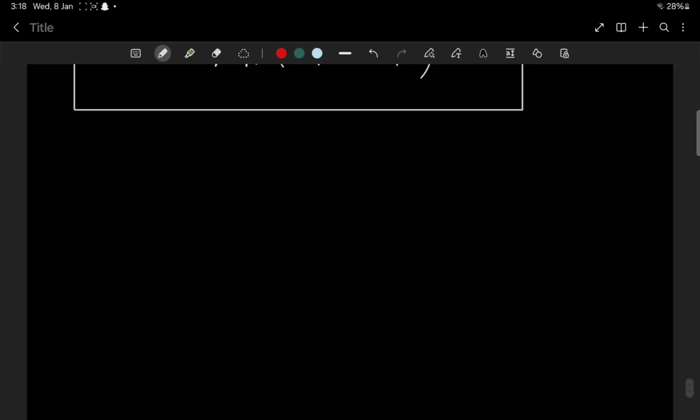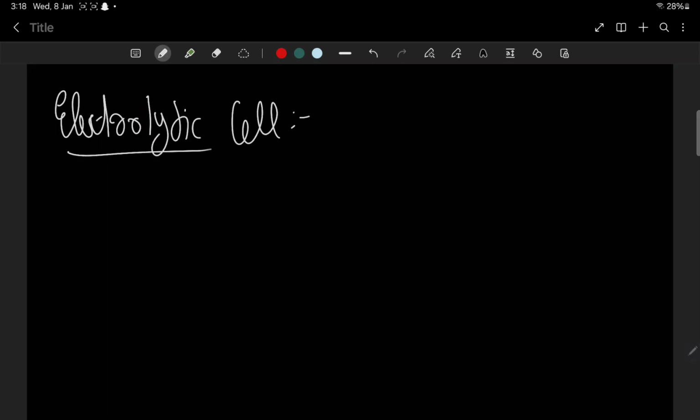Now we come back. We studied galvanic cell and conductivity. Now we are coming to a new type of cell, that is the electrolytic cell. What is an electrolytic cell? I told you, a galvanic cell converts the Gibbs energy of a spontaneous chemical reaction into electrical energy.